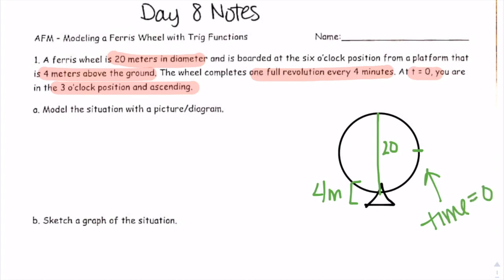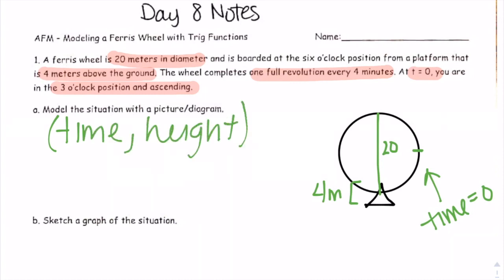And so what's important to keep in mind is that in these situations, your x value is your time and your y value is your height. And so we're going to go around and create xy coordinates for each quarter of our Ferris wheel because there's 4 quadrants in a unit circle.